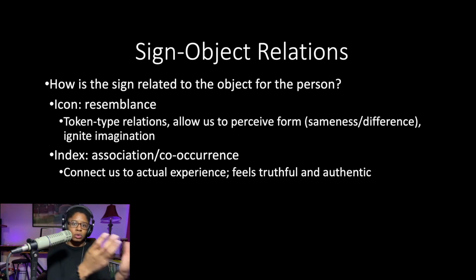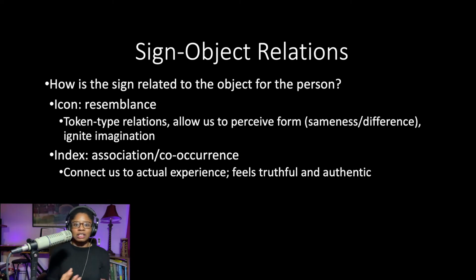If the smoke is the sign itself, the object, the thing that comes to mind is fire because we're used to seeing these things together, right? Part of why an indexical experience is so powerful is that it's usually connected to experience, something we've done, we felt before, we've witnessed, and it feels very powerful, truthful, very authentic and real to us, right?